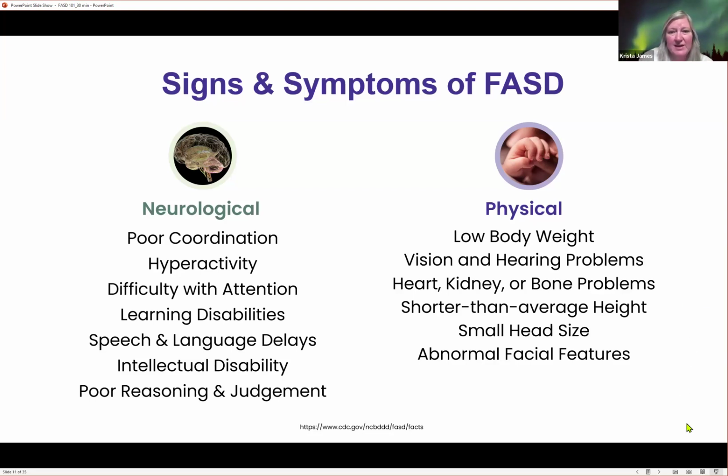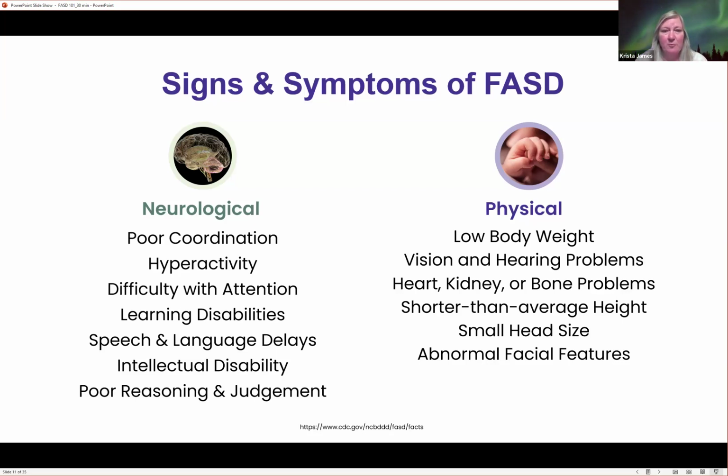So, signs and symptoms of FASD. We talked about how it's really that collection of diagnoses. So the signs and symptoms can have a range, and each person can be affected in different ways.